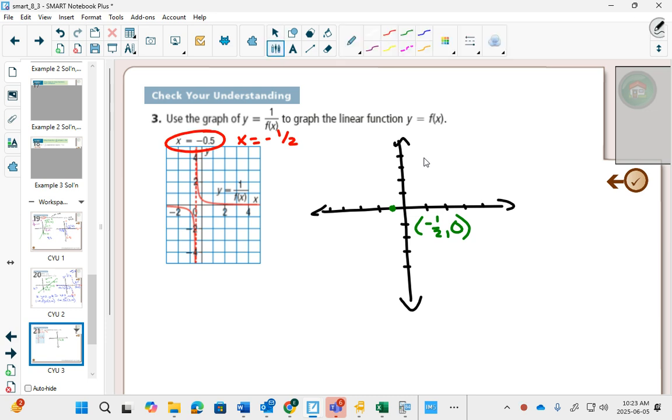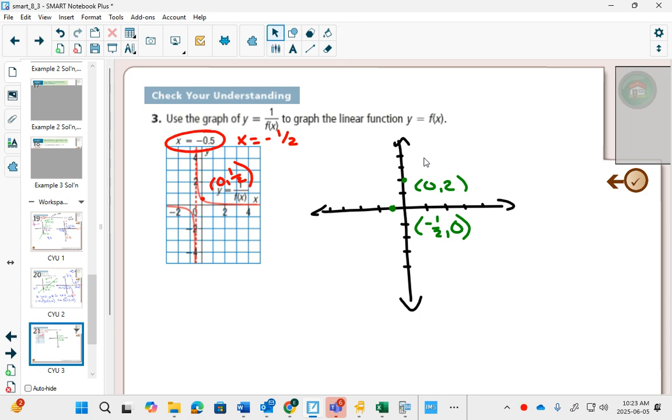Next, on our original graph, which is graphed here in red, can we see any points? It looks like when x is 0, y is 1/2. So if that's the case, then on my original graph, when x is 0, I would have had to have 2.